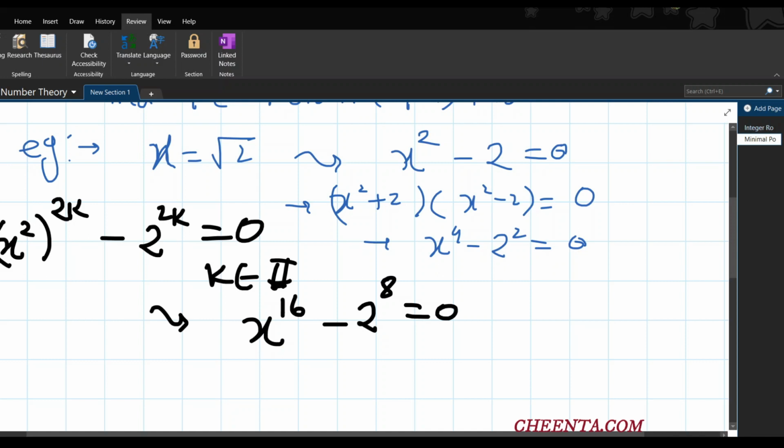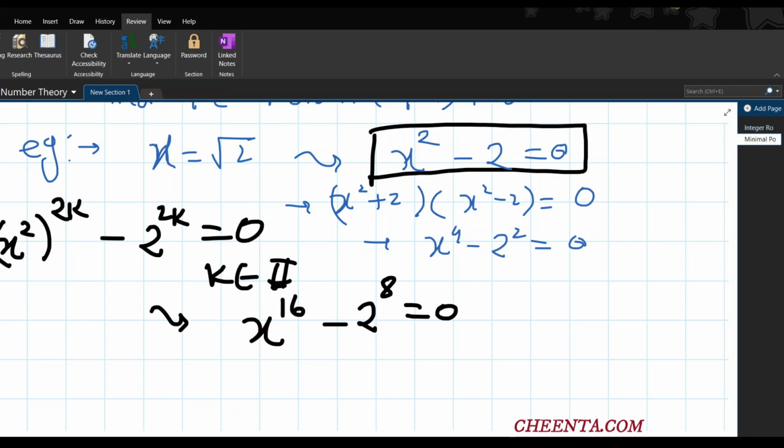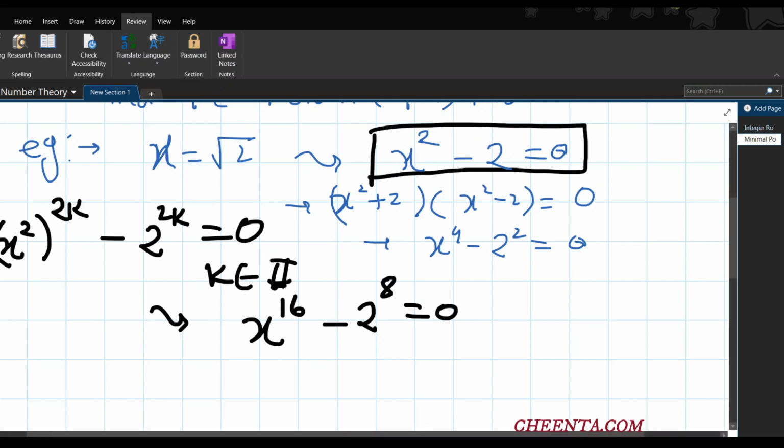But whenever you are analyzing the integer root theorem, we only use the smallest degree polynomial. Why? Because it is easier for us to work with that particular thing. That's why we take that particular equation, and that smallest power equation is the minimal polynomial of that particular number, square root of 2.